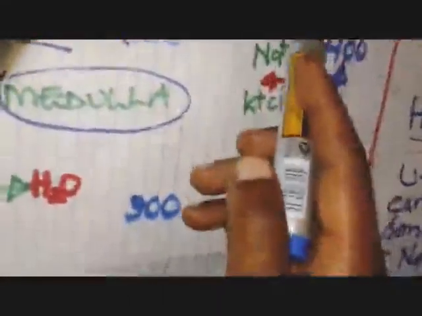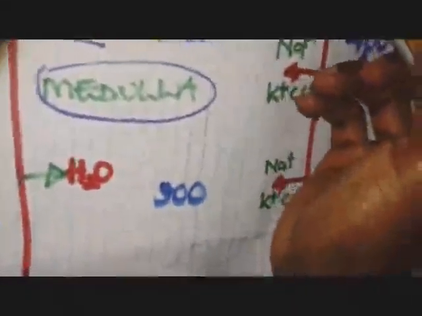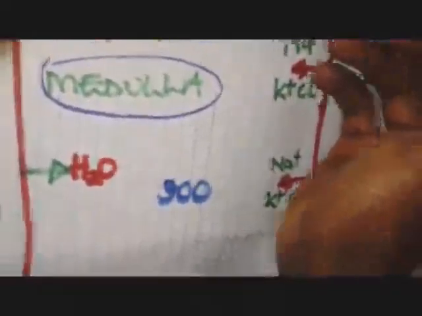Because of the presence of the protein channels and the permeability of the ascending limb, the salts are actively reabsorbed, or the salts actively move away from the ascending limb to the neighboring medulla region here.